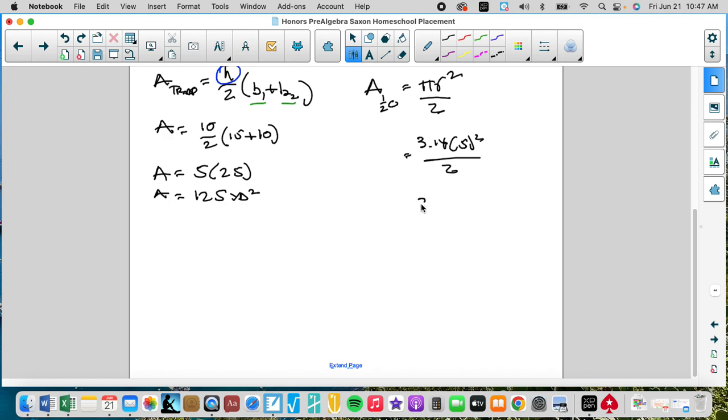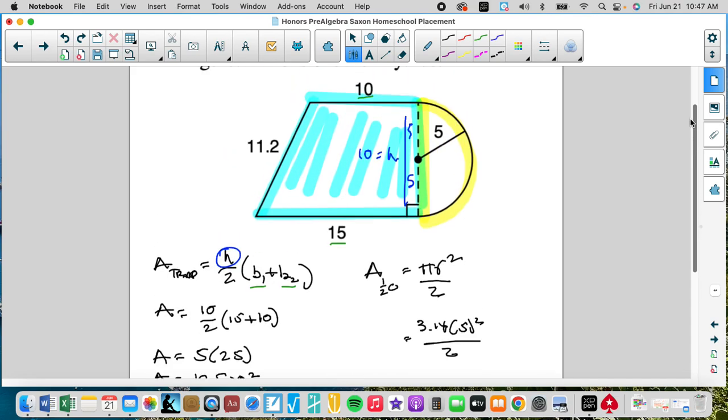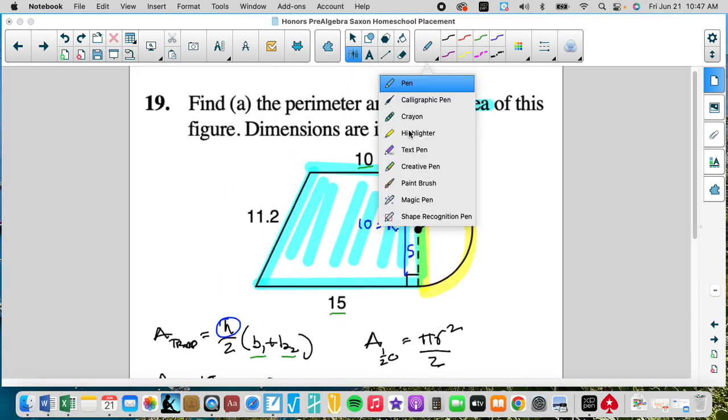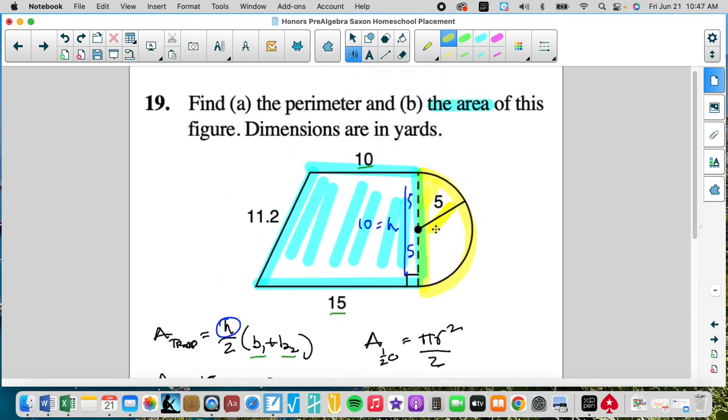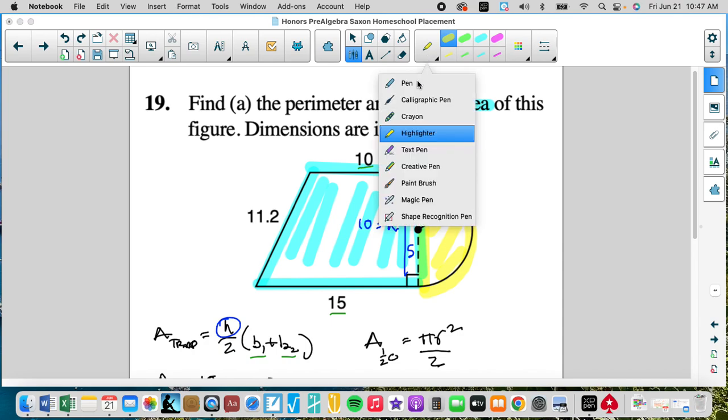And we get 3.14. 5 squared is 25 divided by 2. 3.14 times 25 is 78.5 divided by 2 is going to give me 39.25 yards squared. So that is going to be the area of half of a circle. So that's this part of the object.